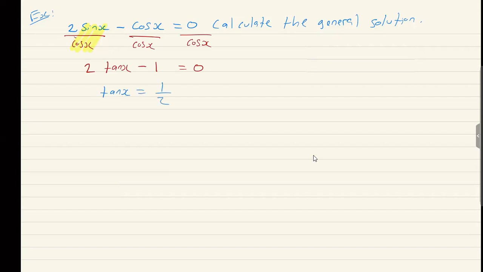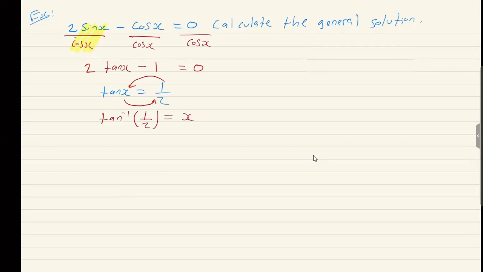Okay, so swap: tangent negative 1 of 1 over 2 is equal to x. Please check the angle.